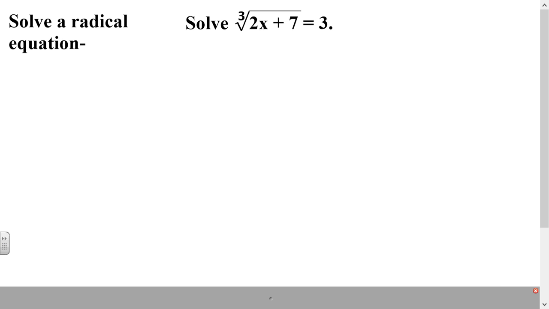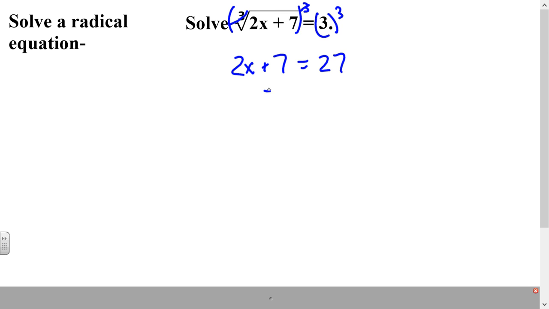Now this is a cube root, so how would we cancel out a cube root? Well, we would cube both sides. So I'm going to raise each side to the third power. Okay, so that's going to cancel out the cube and the cube root and just leave us with 2x plus 7 equals, and then 3 to the third power would be 27.